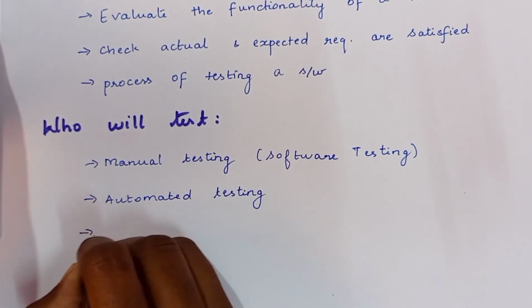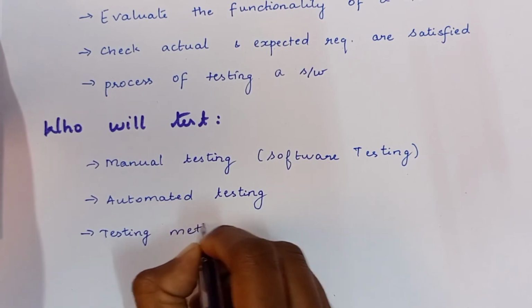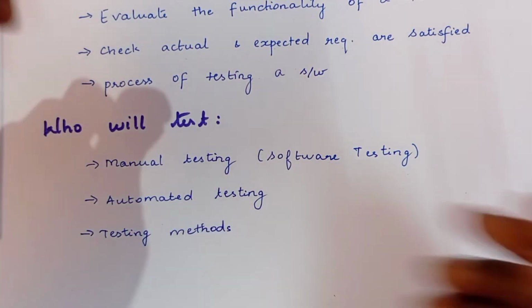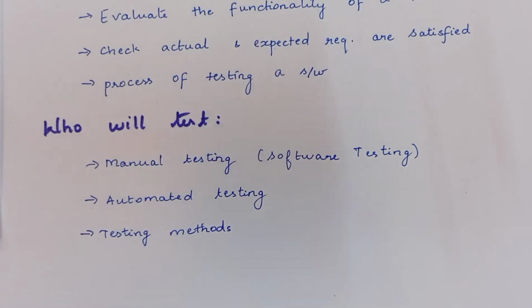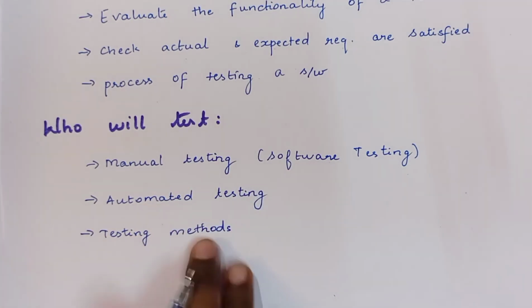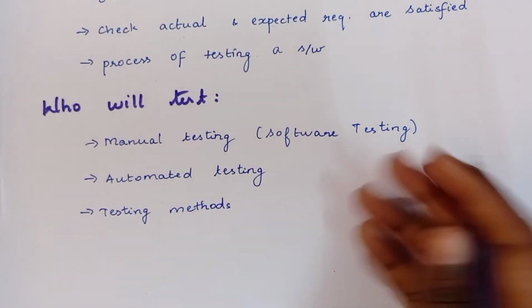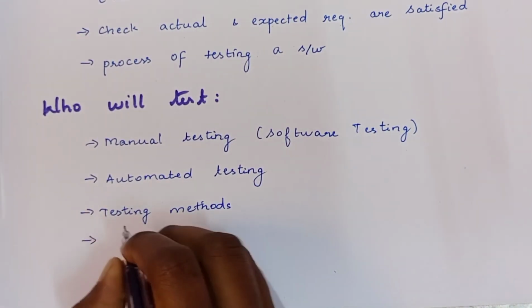And there are some testing methods also, which are classified into static and dynamic. I will explain these testing methods in a separate video, but in this video I will just explain the topic. Using testing methods, they will test and find all the defects.